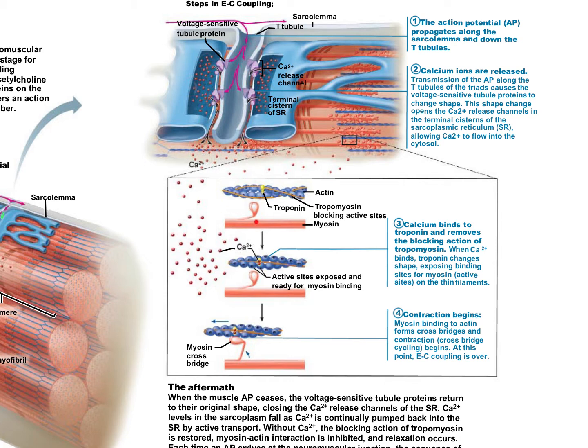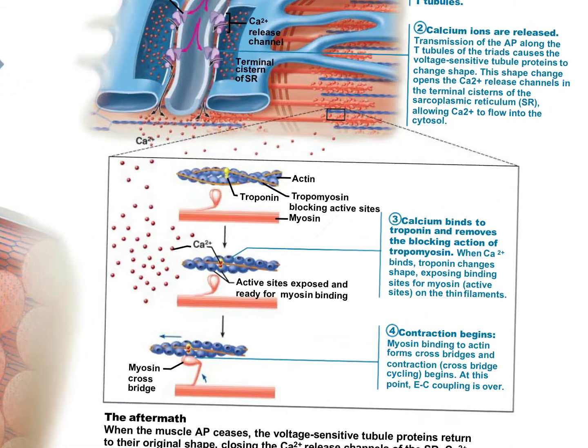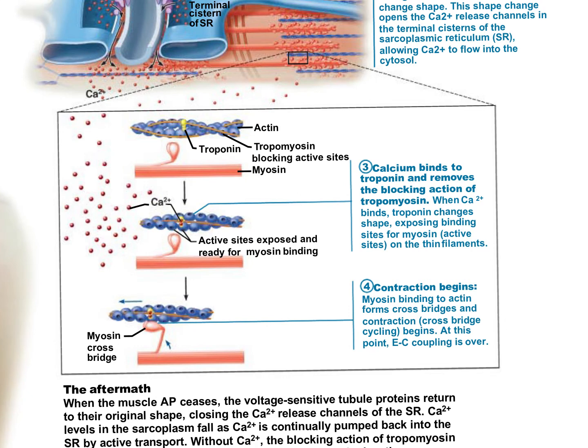Now, calcium binds to troponin. When calcium binds to troponin, troponin changes shape. The role of troponin is to regulate where tropomyosin is. Tropomyosin, in the absence of calcium, is covering the myosin binding sites on actin.